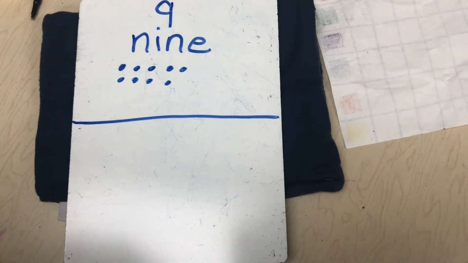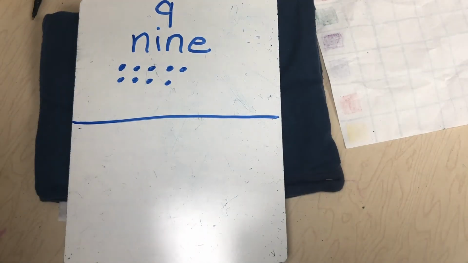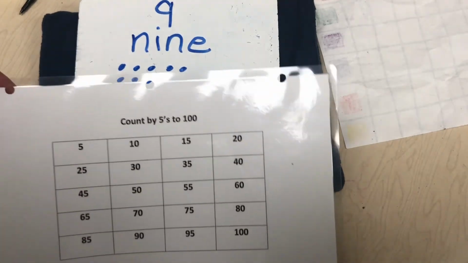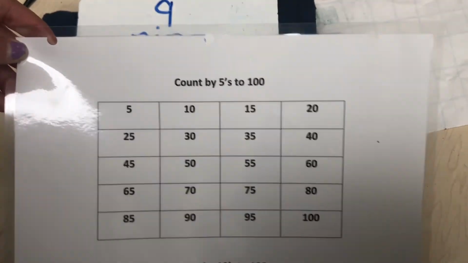For the bottom part, let's count by fives and then write it out. So I've got my handy dandy paper here to help us count by fives. Hopefully y'all can see that. There we go.